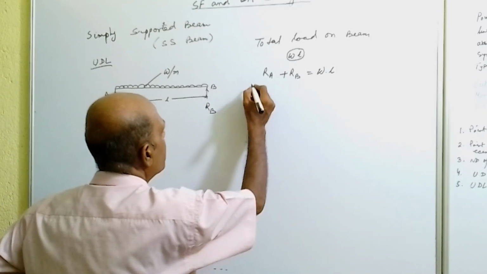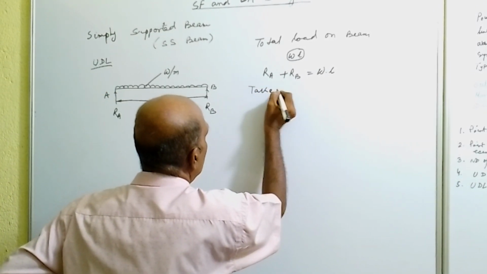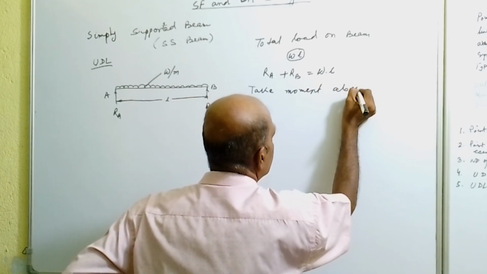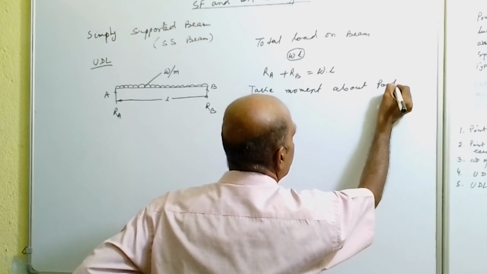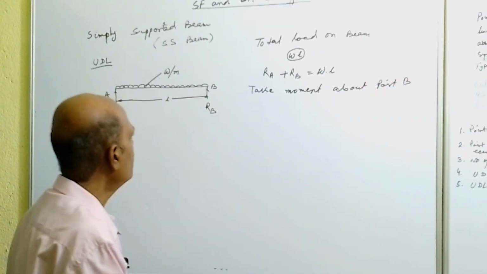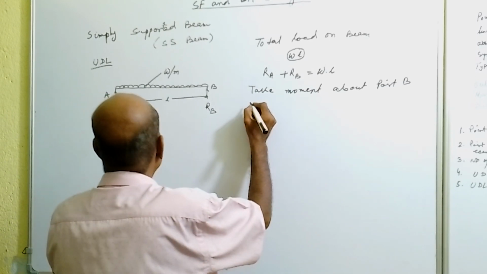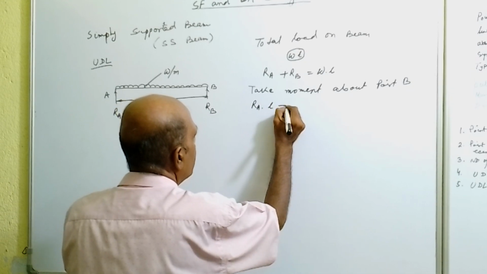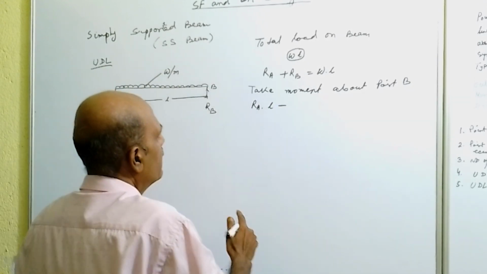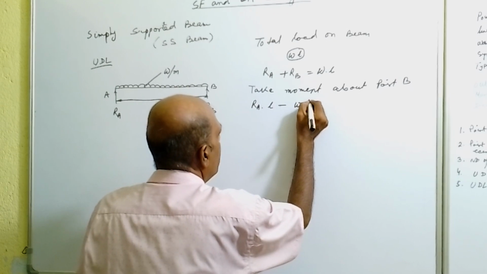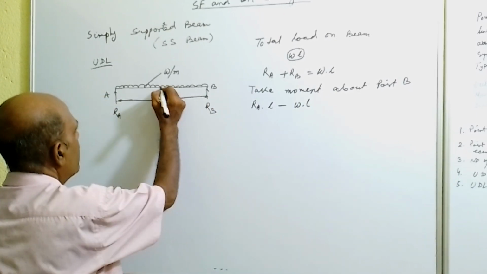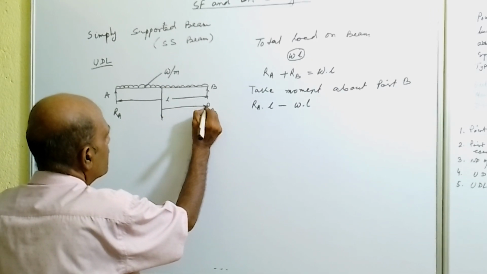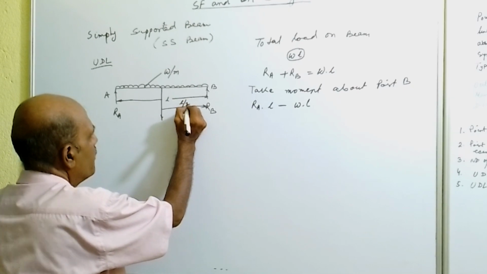Now take moment about point B. If we take moment about point B, RA will give moment RA into L. Minus, what is the total load acting on the beam? That is W into L. The center of gravity of the load is exactly at the center, means the distance from point B will be L by 2.